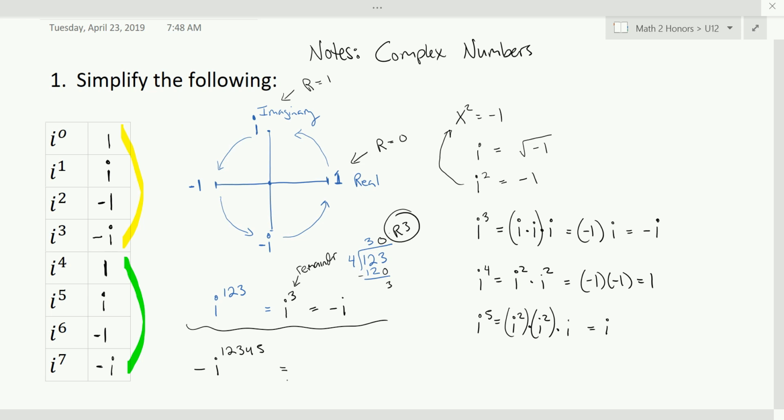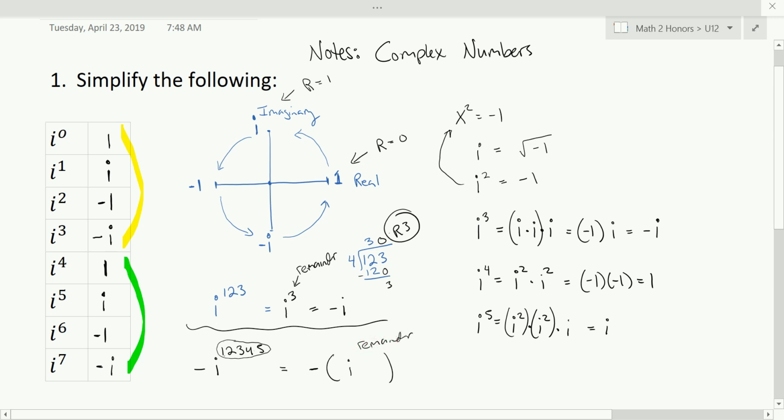Okay. So this power right here is the power of i or the power of negative i? It just belongs to i. So you're going to have to find out what i to the power is, and then you're going to have to multiply it by a negative. Okay? So this is going to be negative times something, and it's going to be i to whatever the remainder is going to be.